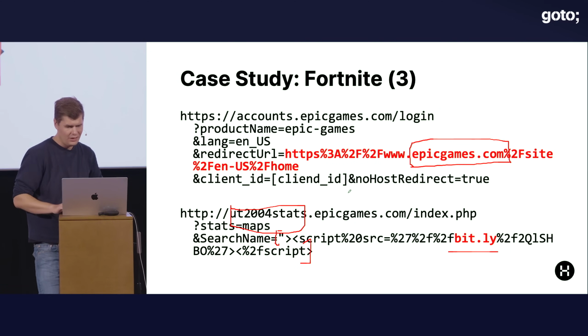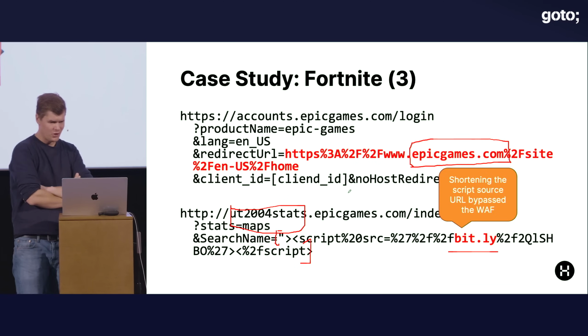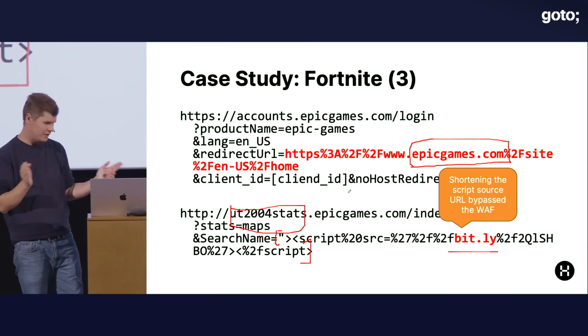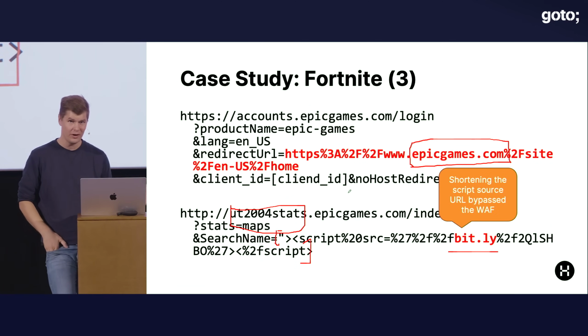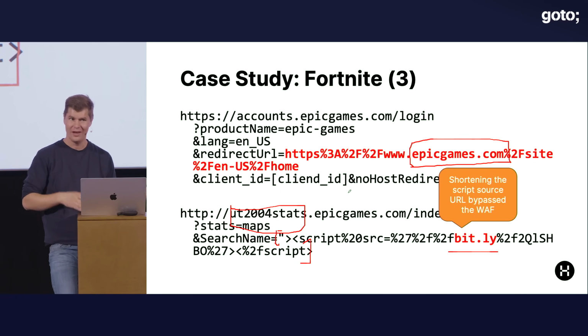The reason why they had to use this bit.ly service was that they figured out if they typed in a very long URL, the web application firewall sitting in front of this application would automatically block this particular request. But by simply shortening the URL using the bit.ly service, the web application firewall was bypassed. So that was one of the weaknesses of a web application firewall, and we'll get more into that in just a moment.